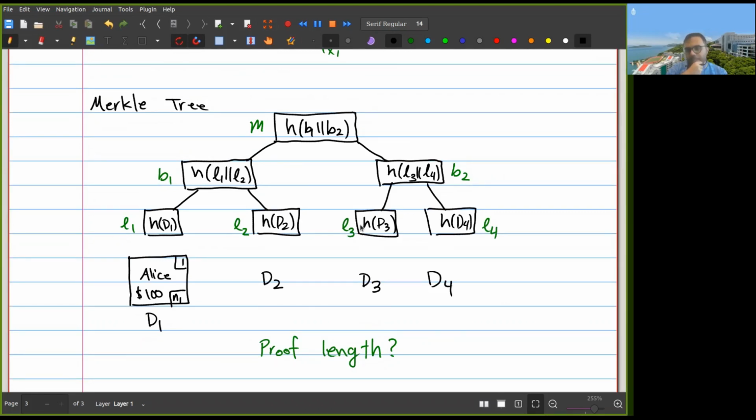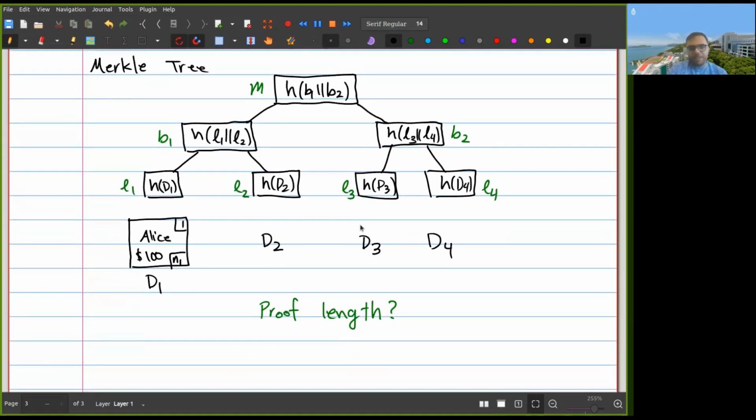Yes, it's O(log n), and yes, the constant factor is 2. It's actually 2 times log n, maybe +1, -1. I don't really care about that because you have to count whether you want to put m in there, whether you want to consider the deposit itself as part of the proof, or you think that deposit is something else. But this is O(log n).